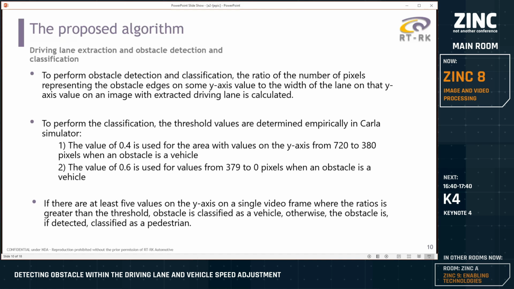We assume that this threshold will be exceeded by a vehicle, while a pedestrian is smaller and shouldn't be detected. To be sure, we search inside the video frame for 5 or more rows where these thresholds are exceeded, and then we conclude that this obstacle is another vehicle.